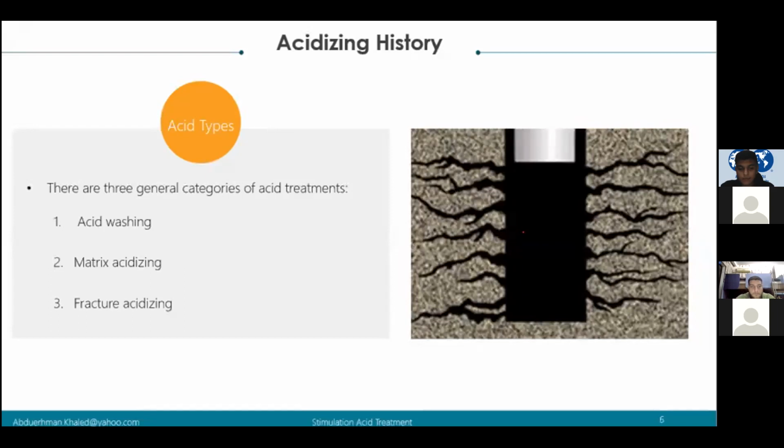The treatment of the formation is not the main goal of an acid wash, which is often performed to clean out scale and anything that restricts the flow in the well.